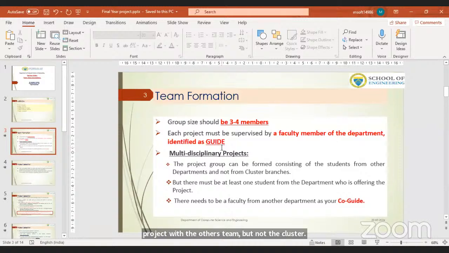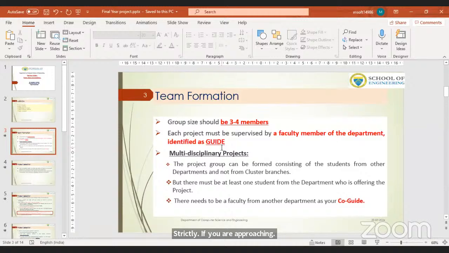If it is related to AI/ML, instead of going to the AI/ML department, we have faculty in our department who are experts in AI and ML, as far as data analytics and all is concerned. So for cluster branches, you need to get approval strictly if you are approaching. Usually it is a no.